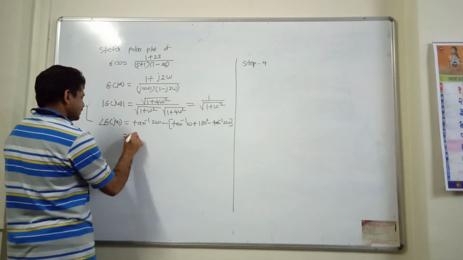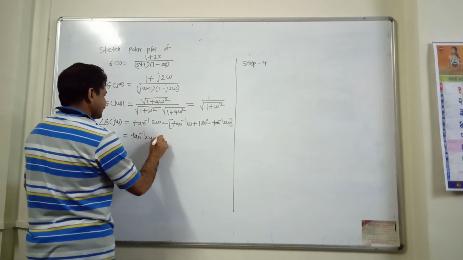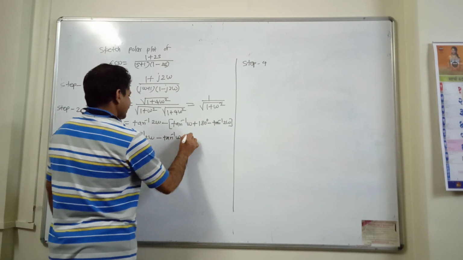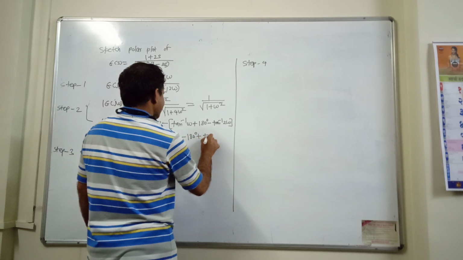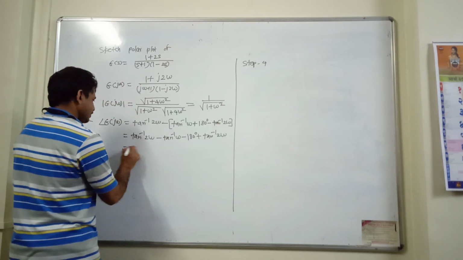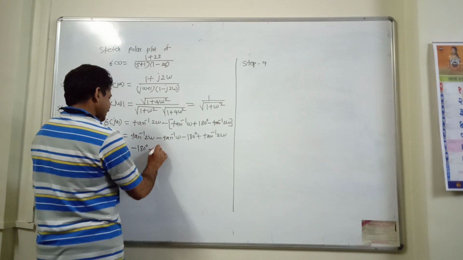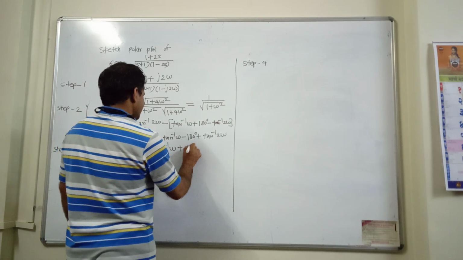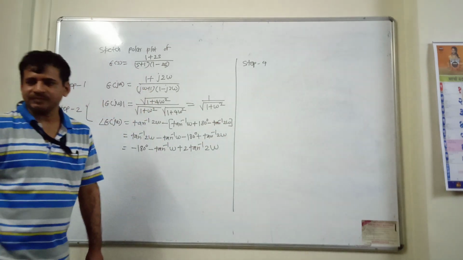And then it becomes tan inverse of 2 omega minus tan inverse of omega minus 180 degree, and minus plus becomes plus tan inverse of 2 omega. So it is minus 180 degree minus tan inverse of omega plus 2 tan inverse of 2 omega.